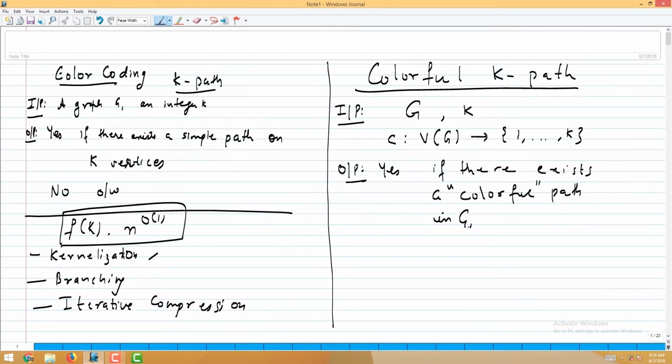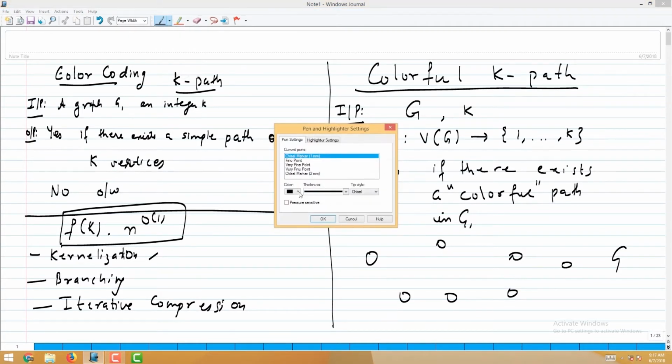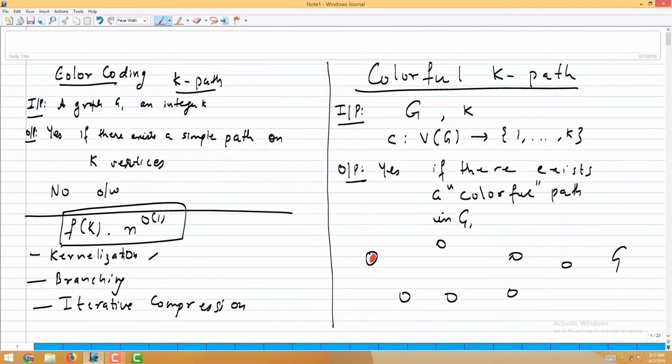Okay, let's see an example. Let's say this was the graph G, and let's say the vertices of the graph were colored with 3 colors. Suppose k was 3. So let's say this vertex was colored red.